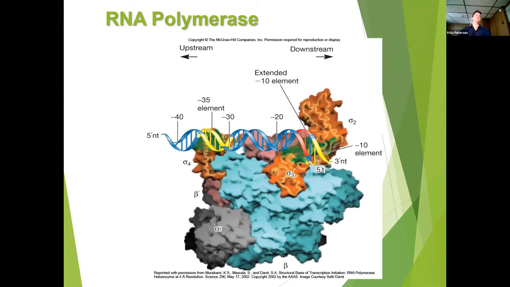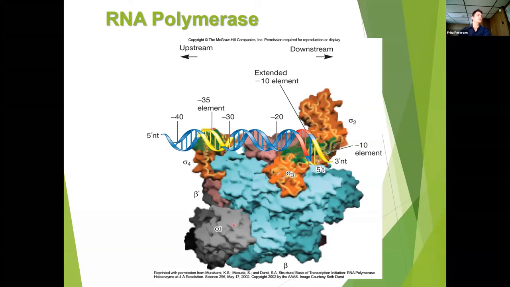As was the case with the polymerase we discussed earlier, it is the builder protein. It's an enzyme that synthesizes the RNA from the DNA template during the process of transcription. During this process, the information stored in the molecule of DNA is copied into a new molecule of messenger RNA, or mRNA. From this picture, you can see that RNA polymerase is a complex molecule composed of protein subunits.